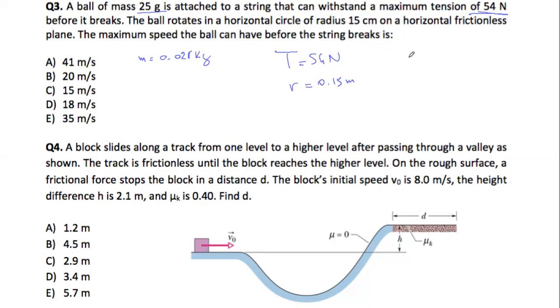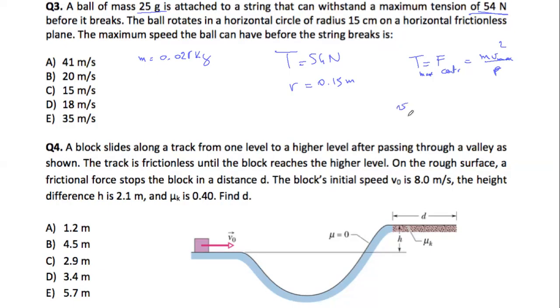So here you know that the tension force will play the role of the centripetal force. So it should be equal to mv squared over the radius r. The maximum tension, Tmax, will give you the maximum speed.